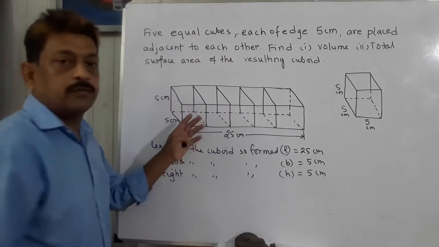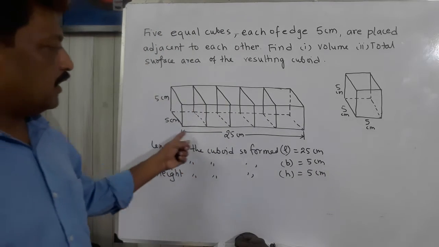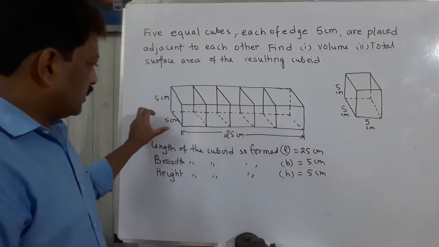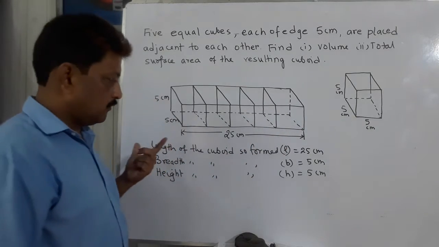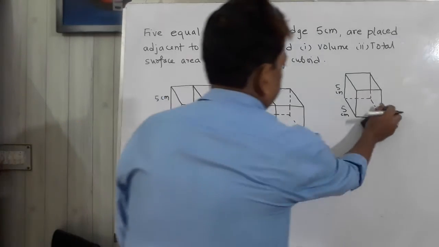It is clear from the diagram also. As you can see, the length is 5 times the length of each cube, but the breadth and the height are same. Okay, now we have to find the volume.